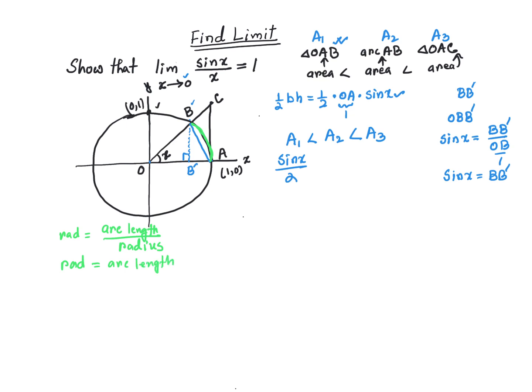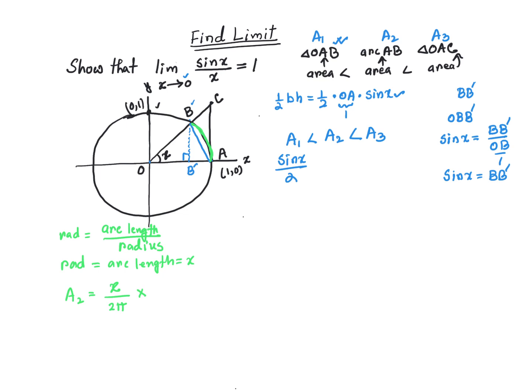So now to find the proportionate area under the arc length, or the pizza slice, all you need to do, that is area 2, is take the angle x, which is just x, divided by 360 degrees, which is just 2 pi in this case, times the area of the entire circle.